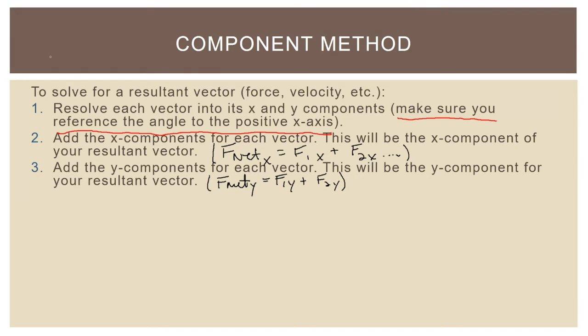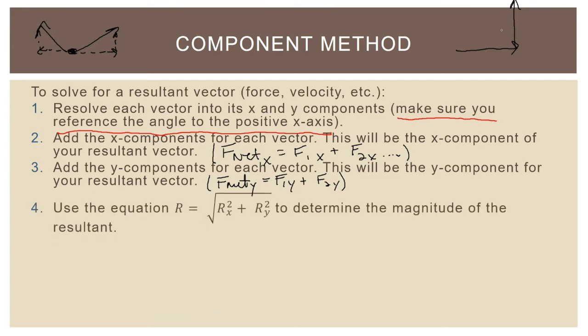Now, usually in these problems, it's 2. But we have a bunch of different vectors. And so we're going to break them up into their x and y components. And we're going to add the x components, and we're going to get an x component of our resultant. And we're going to add the y components, and you get a y component of your resultant. You see where this is going? Our x and y components are at right angles.